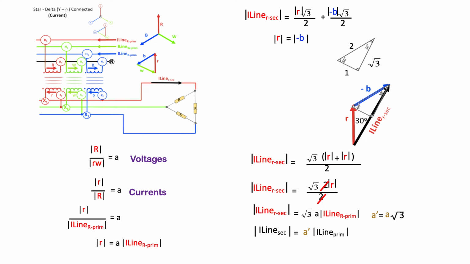And these are magnitudes. But we also, in the previous slide, discovered the phase angle or the phase shift between the primary and secondary. So I can rewrite this equation, placing in the phase shift, and I can drop the magnitude signs and say these are the actual phasor relationships now, where I line secondary current is equal to A prime times I line primary current minus 30 degrees.